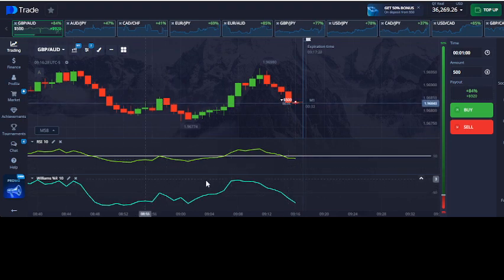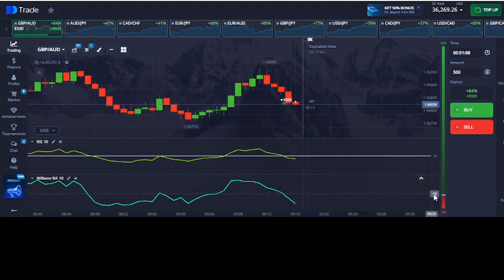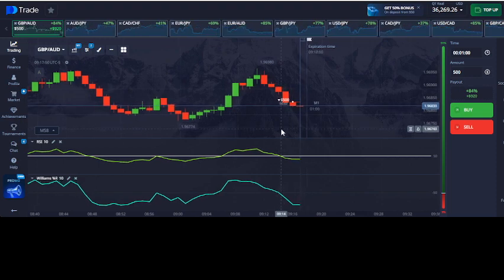Secondly, the Williams percent R line has also crossed below its 50 line in a downward direction. The 50 line is about right over here. So when you see it on the chart, we need both confirmations. And so this suggests a bearish momentum to the downside over the next 60 seconds.